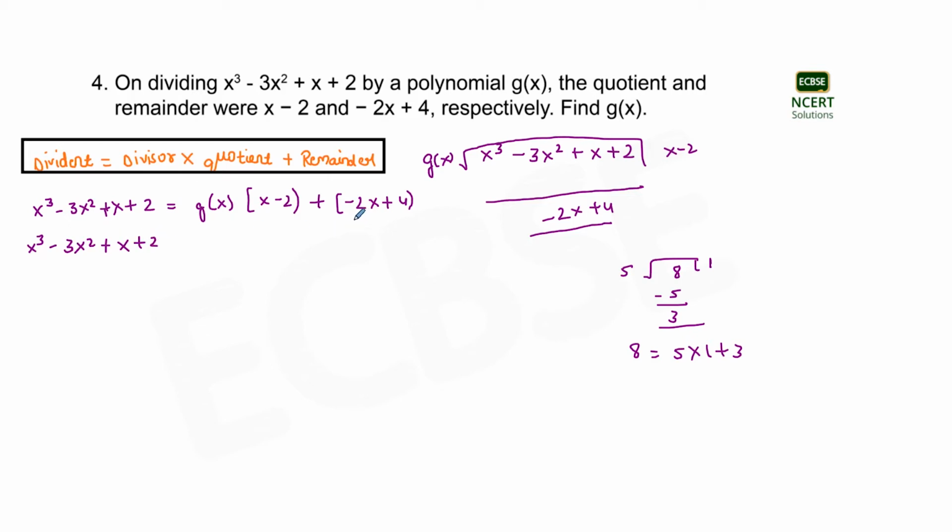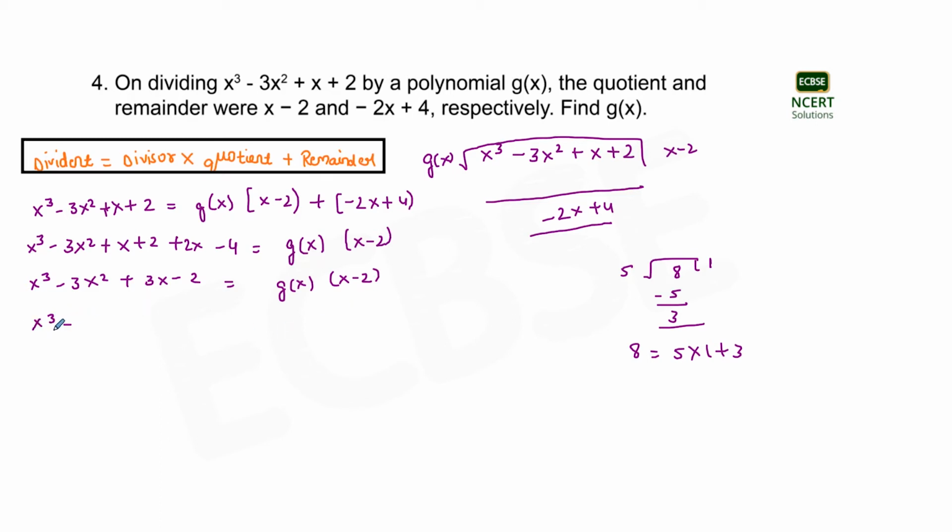And as we know, when a term is taken from the right hand side to the left hand side, its sign changes. So -2x will now be +2x and +4 will be -4, which will be equal to g(x) into x - 2. Or we can write x^3 - 3x^2 + 3x - 2 is equal to g(x) into x - 2. Now, in order to obtain the polynomial g(x), transpose the term x - 2 to the left hand side.